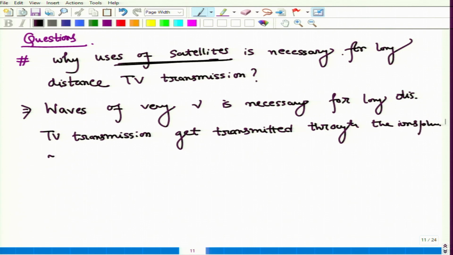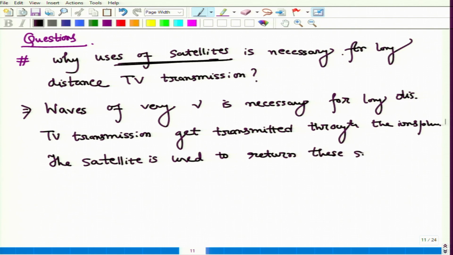And that's why the satellite is used to return. Okay. So there are many other questions.